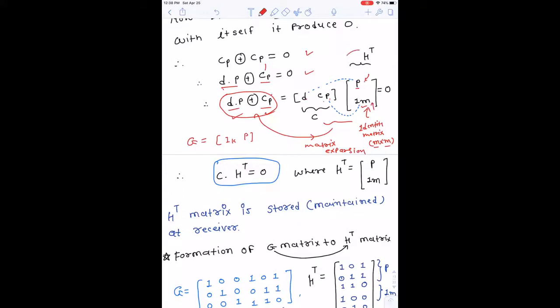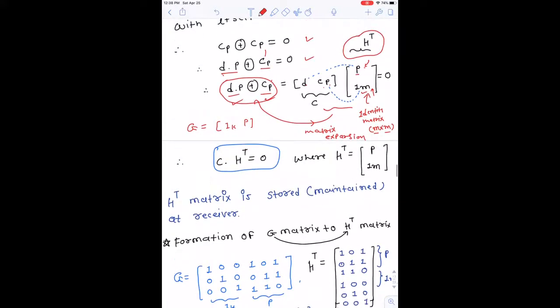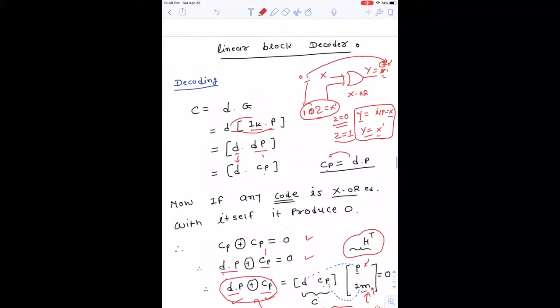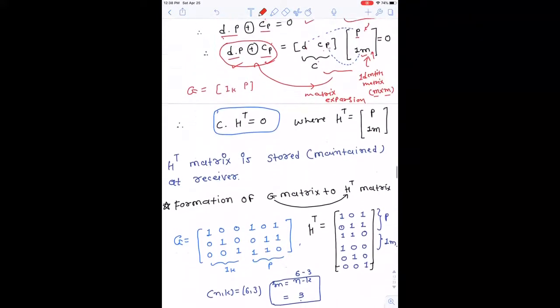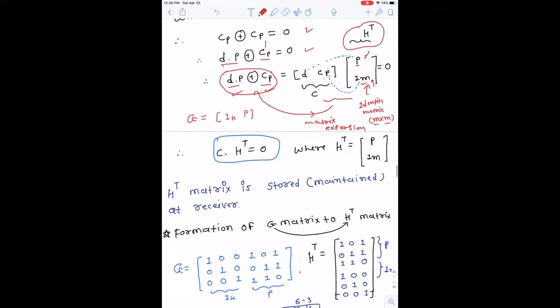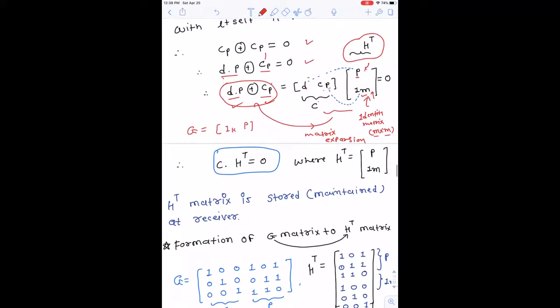So this matrix is simply known as H transpose, the transpose of the H matrix. Now this matrix of D and CP is simply known as the code vector. We have already mentioned earlier that the code vector C consists of two parts: the first part is the data part and the second part is CP. So as per this one, here also the first part is data and the second part is CP.